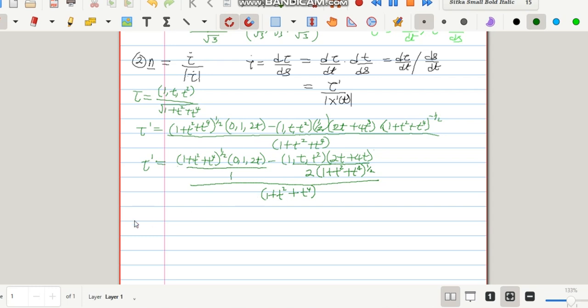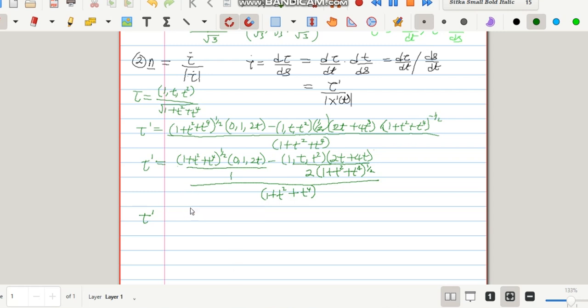What we are going to do next is multiply all of this by the denominator here, and then take this denominator to multiply this denominator. So it's more like taking the LCM and then dividing it.